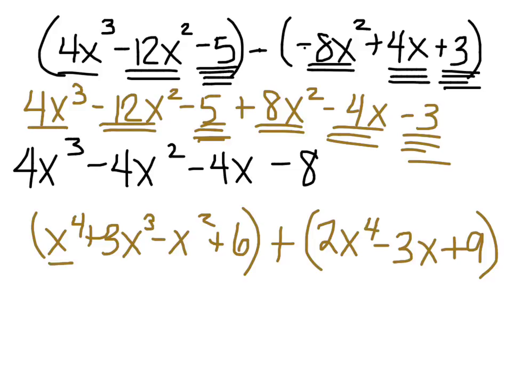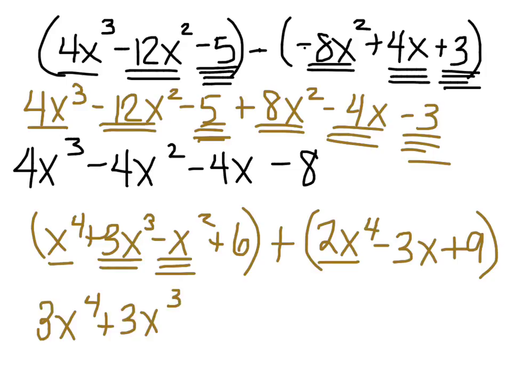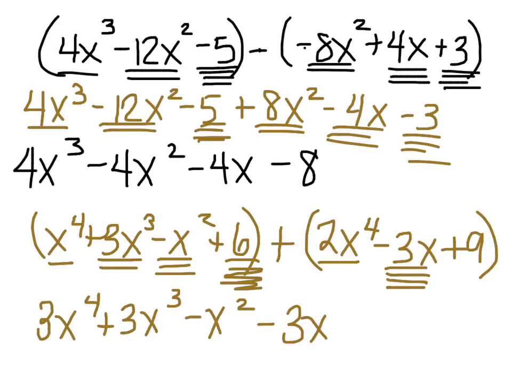What's 1x to the fourth plus 2x to the fourth? Good. What's 3x cubed plus nothing? 3x cubed. What's negative x squared plus nothing? What's negative 3x? What's 6 plus 9?